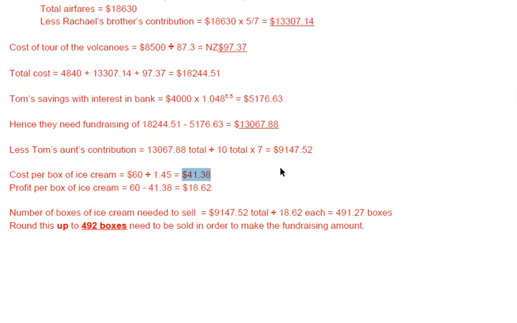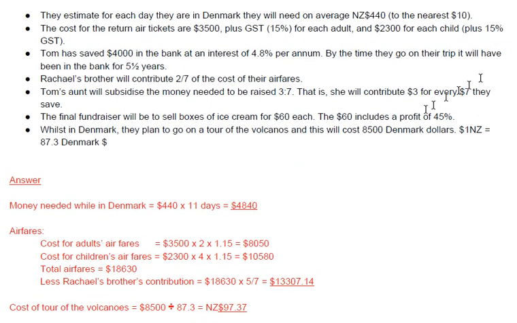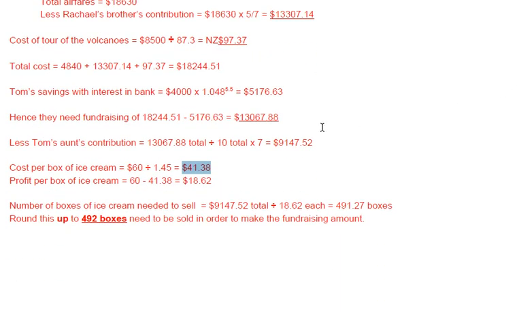And what we're going to do now is work out the boxes of ice cream that you need to actually sell in order to save up that amount of money that they need. So we know that $9,147.52 is the amount that they need to use.